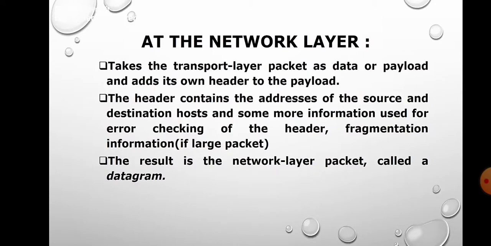The network layer receives the information from the transport layer. It will add its own header information. Along with the header information, it will also add some additional information which can be used while checking errors, and fragmentation information if a large packet needs to be exchanged between the devices.